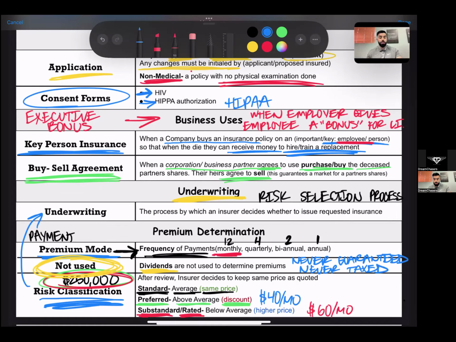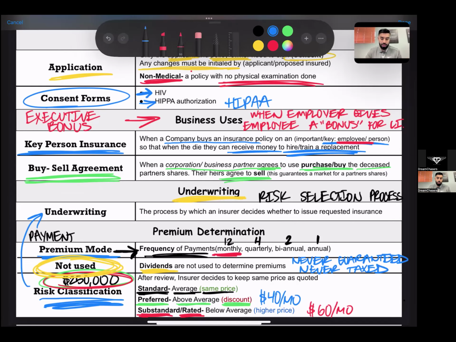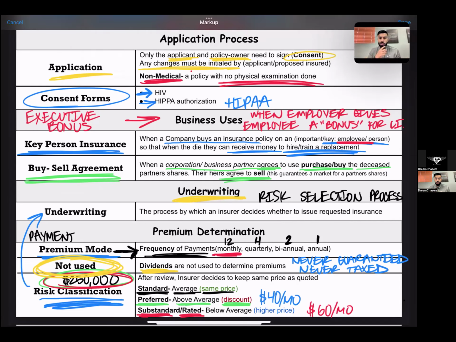So it will never be used in calculating premiums. Okay. Why? Because it is never guaranteed and it is never taxed. And as we go into chapter 5 and 6, we'll touch a little bit more on what a dividend is. But for this chapter, it's all you need to know, right? Is that it is not used to determine your premium.